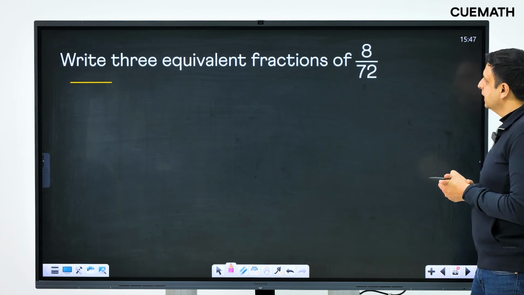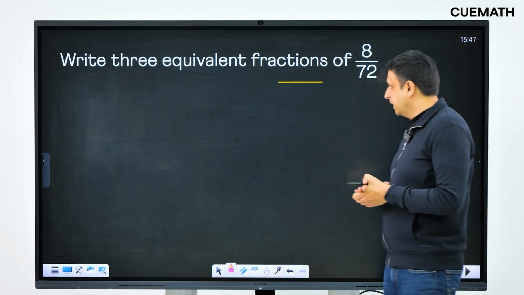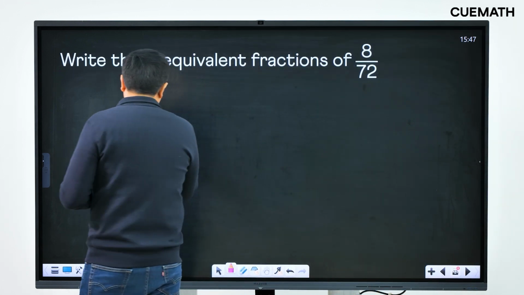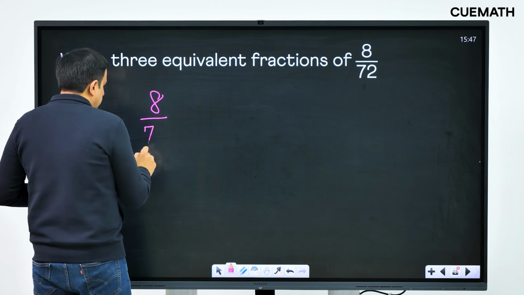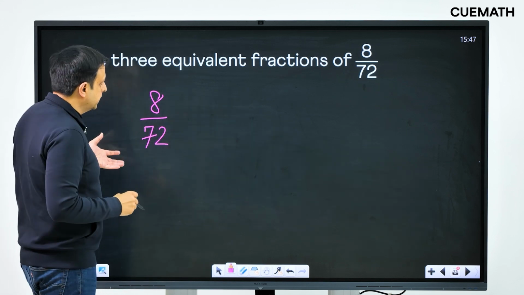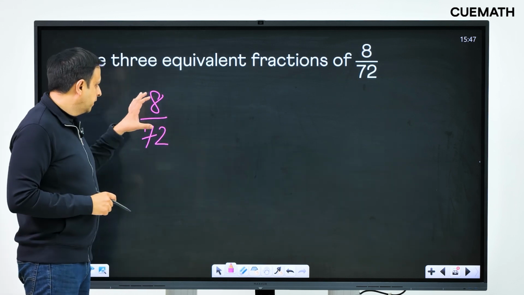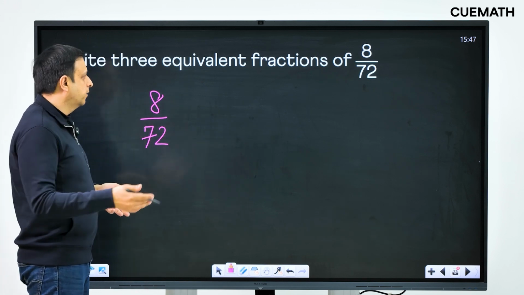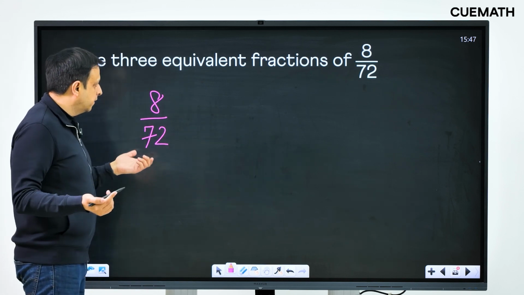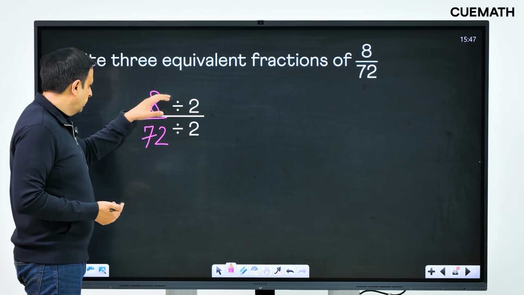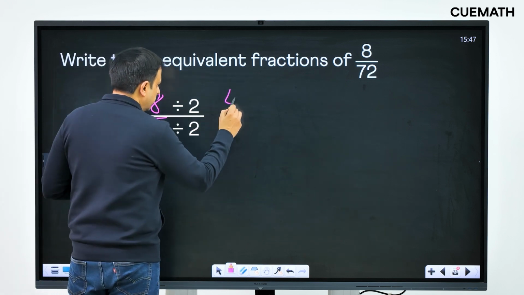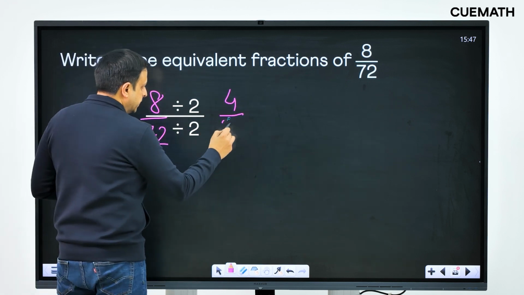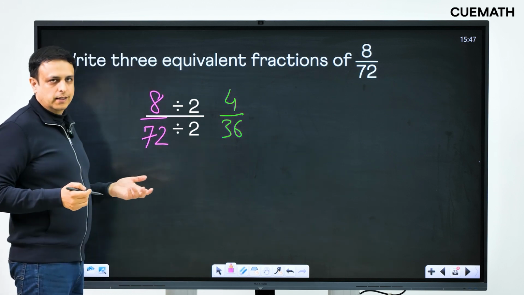Okay, write 3 equivalent fractions of 8 over 72. So what we'll do in this case is, we have this original fraction 8 over 72, and we will divide above and below by the same factor to get another equivalent fraction. So let's first divide by 2 above and below. So 8 becomes 4, 72 becomes 36. So 4 over 36 is one possible answer.